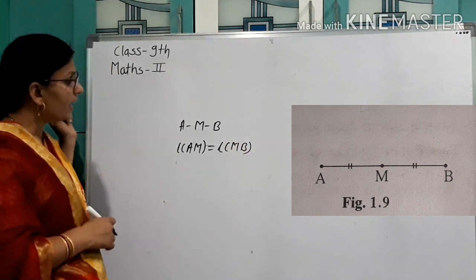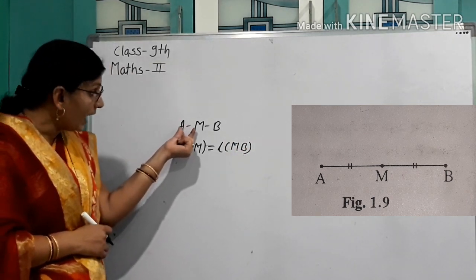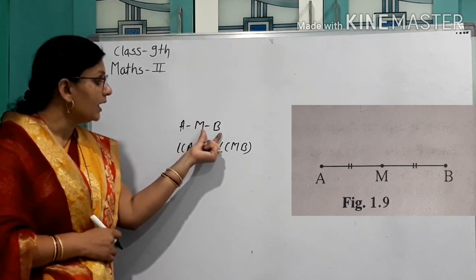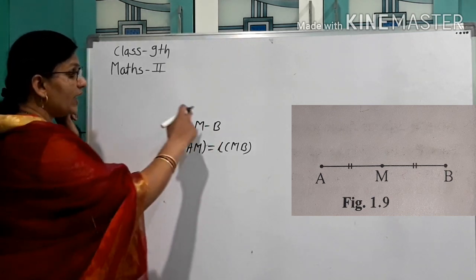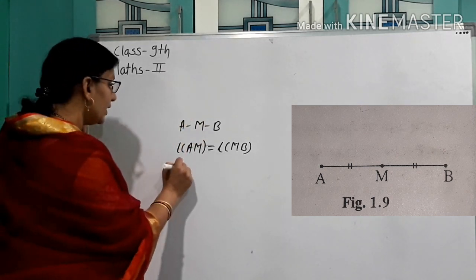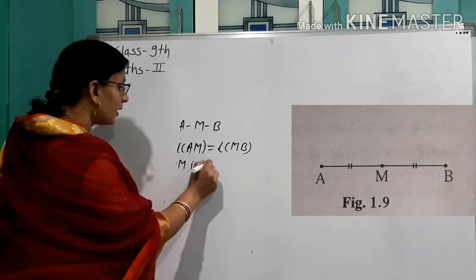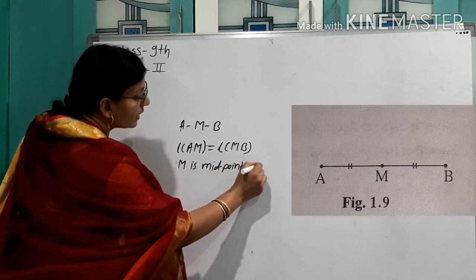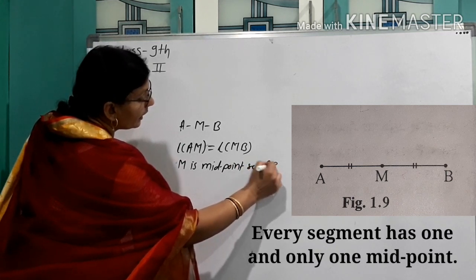It is also written as the distance between point A and M is equal to the distance between point M and B. Then we say that point M is the midpoint of segment AB.